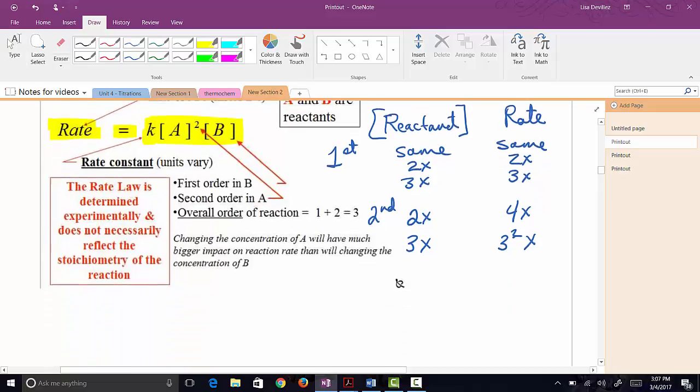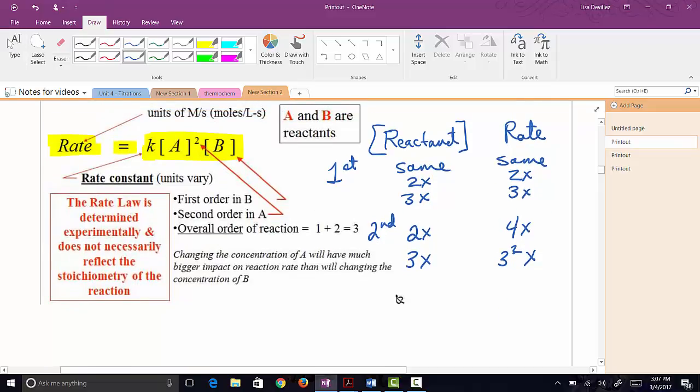Okay. Now we also have something that is called zero order. Zero order means that whatever I do to the reactant concentration, it's going to have no effect at all. And in that case, it doesn't even show up in the rate law. Okay, so any reactants that are not present in the rate law, that just means they are zero order.